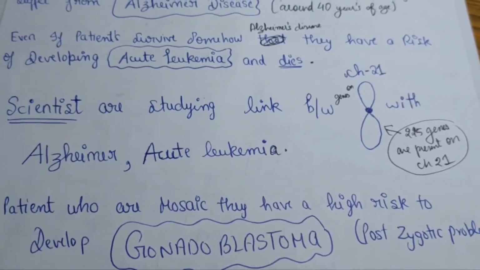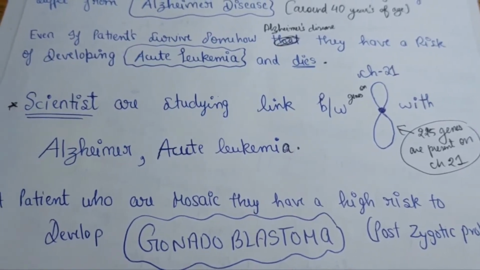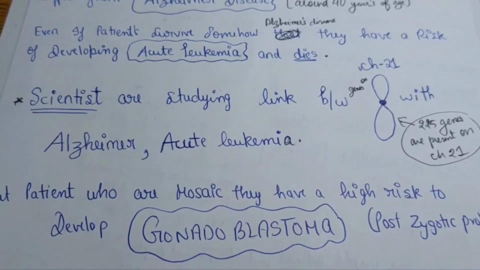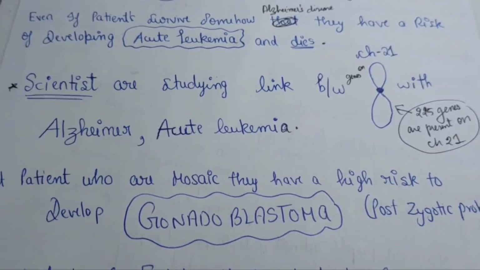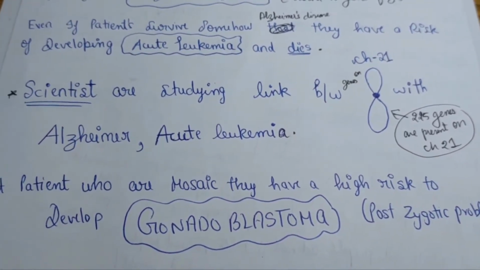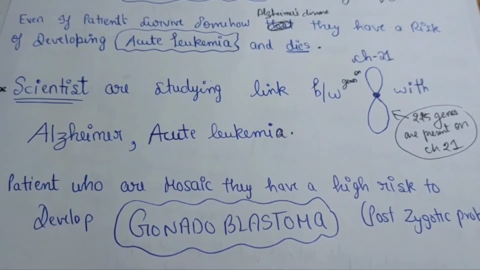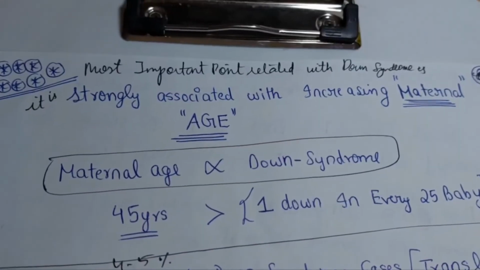In mosaic, both the paternal and maternal lines gave the proper number of chromosomes, but during the early stages of fetal life, there was a mutation, and some lines of cells started to have an extra 21st chromosome. That led to the mosaic situation, and such people have a high risk of developing gonadoblastoma.